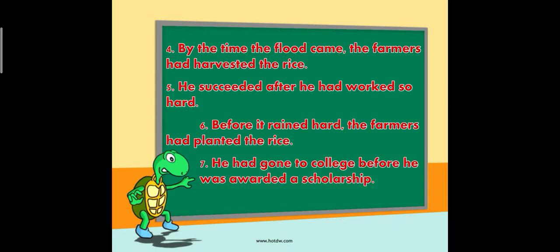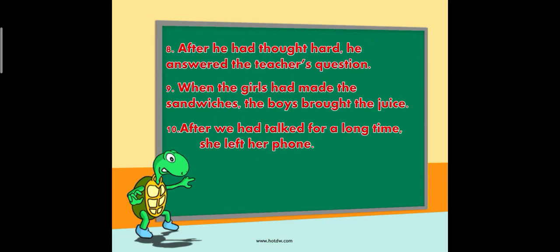"He had gone to college before he was awarded a scholarship." Number 8. "After he had thought hard, he answered the teacher's question." Number 9. "When the girls had made the sandwiches, the boys brought the juice." Number 10. "After we had talked for a long time, she left her phone."